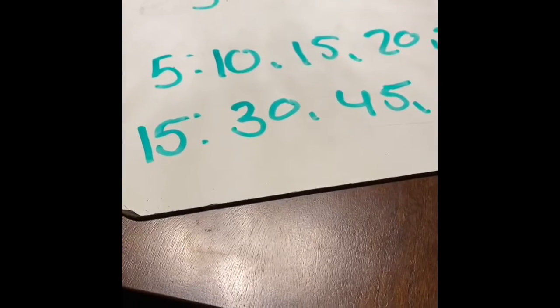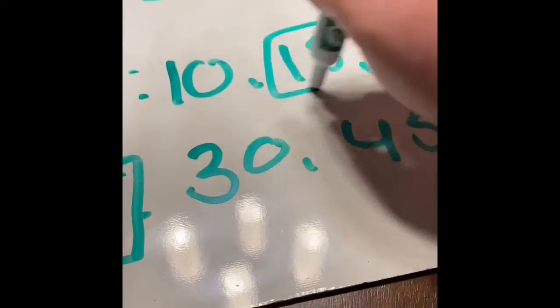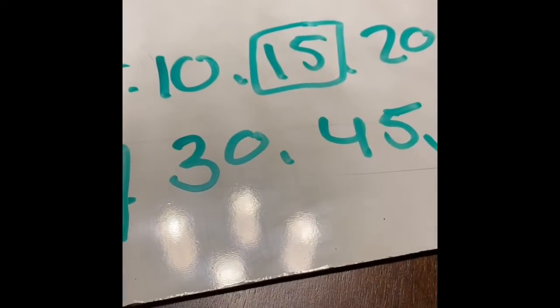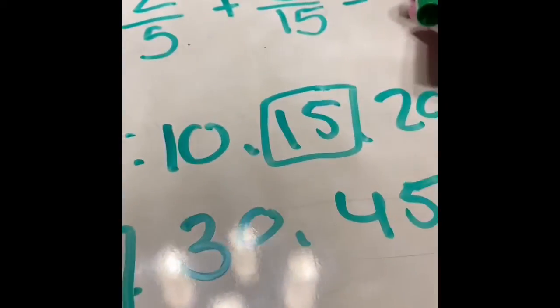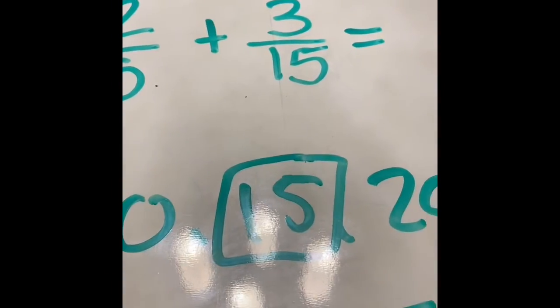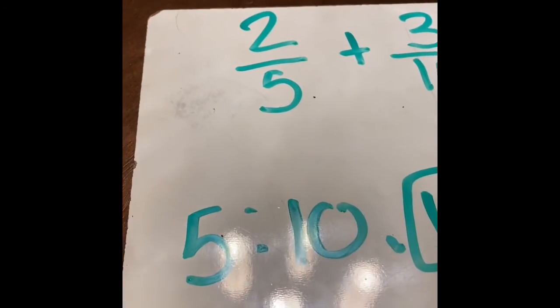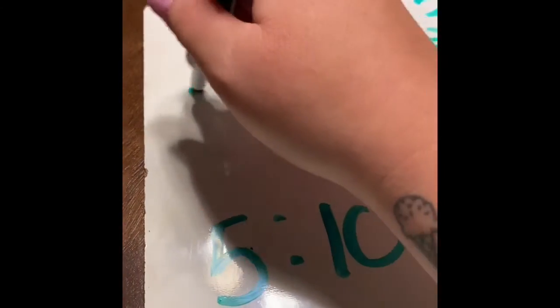So what I have in common is 15. Since I have 15 in common, I'm going to leave this fraction alone, and I need to change this fraction. So 5 times what gets me to 15? 3.